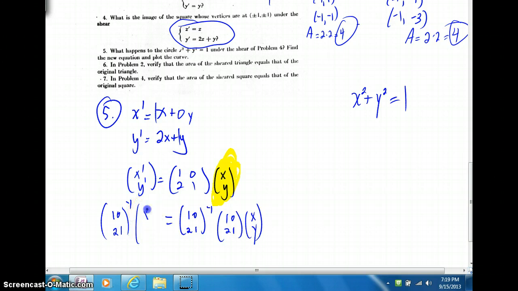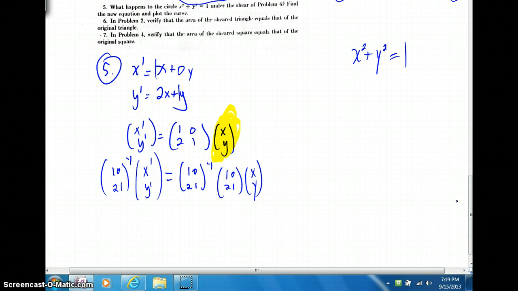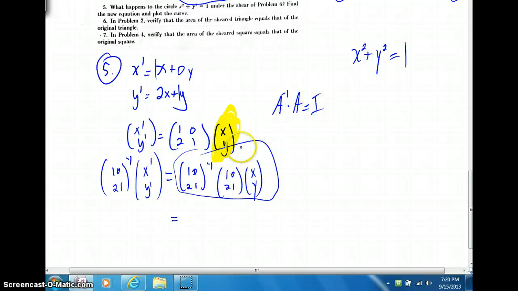And matrix multiplication order matters, of course. So you have to always specify I'm multiplying on the left or I'm multiplying on the right. We'd want to multiply on the left. And you can see on the right side of this equation, an inverse times a matrix, we've mentioned this before, is always the identity matrix. And when you multiply an inverse to the matrix itself, you just get I. It's equivalent to really multiplying by 1 with real numbers, because I times any matrix is going to be that matrix.